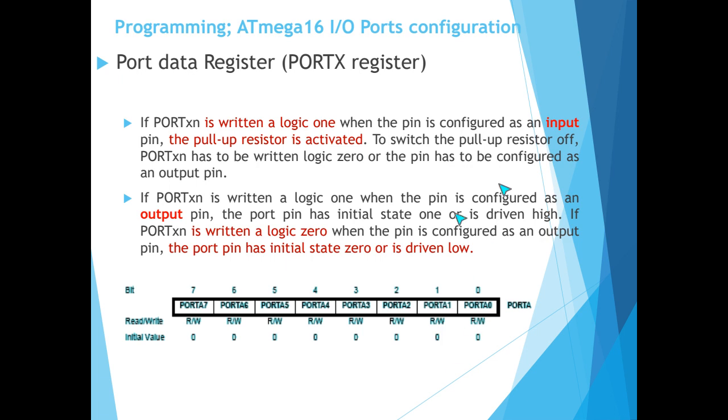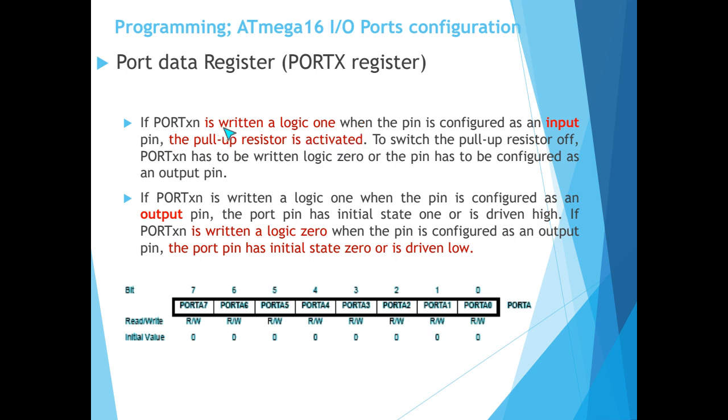about that, when the pin is configured as an input, meaning that in the DDR-X register that pin value is equal to 0. So if port Xn is written a logic 1 when the pin is configured as an input pin, then the pull-up resistor is activated.